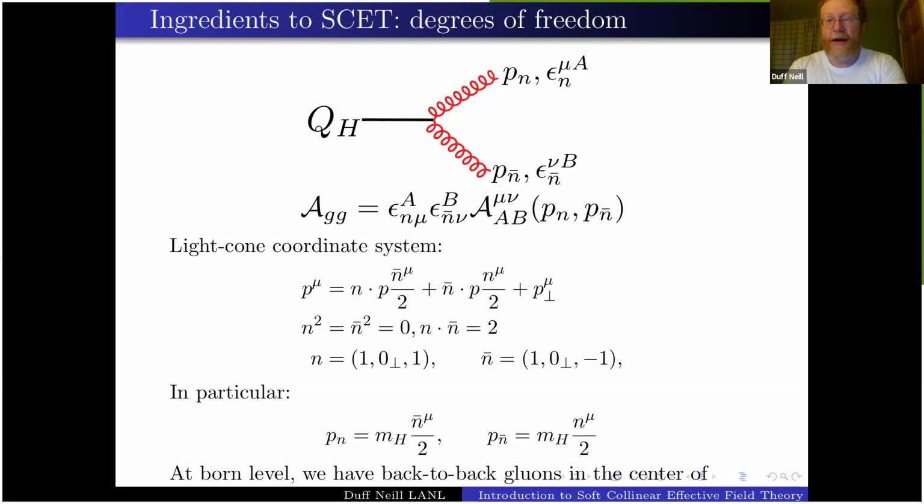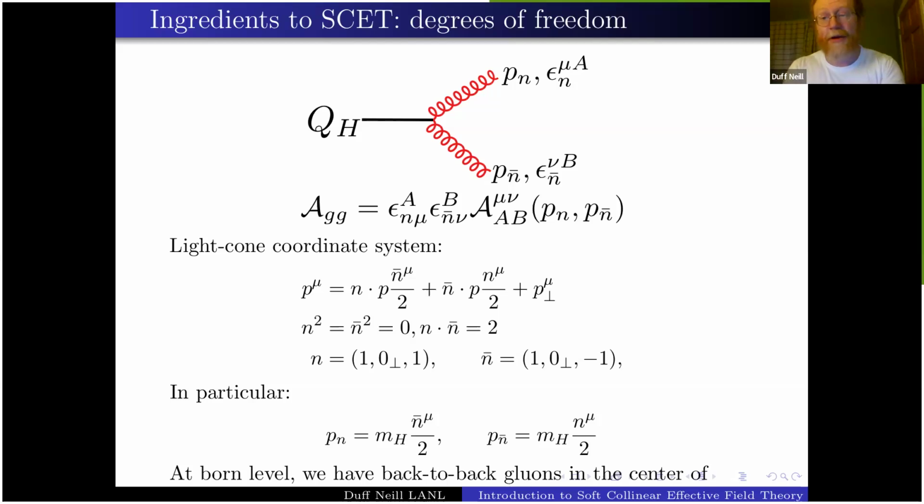And if you want to think about it as a 4-vector, then I list the particular coordinates of the 4-vector for you. The z direction is just going to be defined as whatever is the direction that the gluon is moving in. One gluon is going to be moving in the positive z direction. The other gluon is going to be moving in the negative z direction.